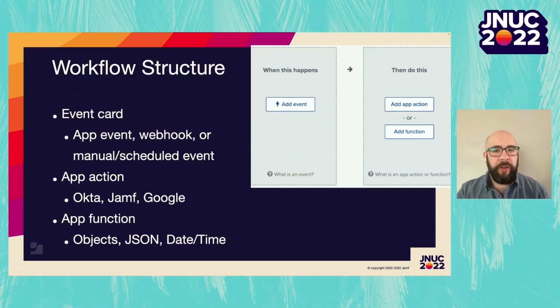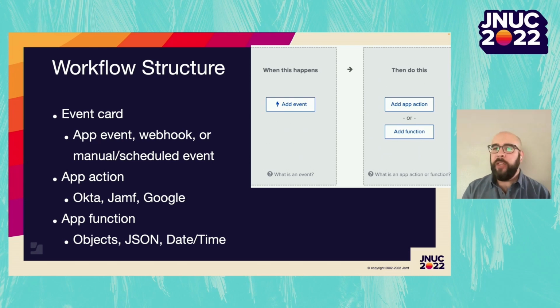So I had a very, very brief example in a previous slide, but I just wanted to kind of break down what each card does or can do in a workflow. And if you haven't used Okta Workflows before, the kind of visual layout is horizontal, left, right.